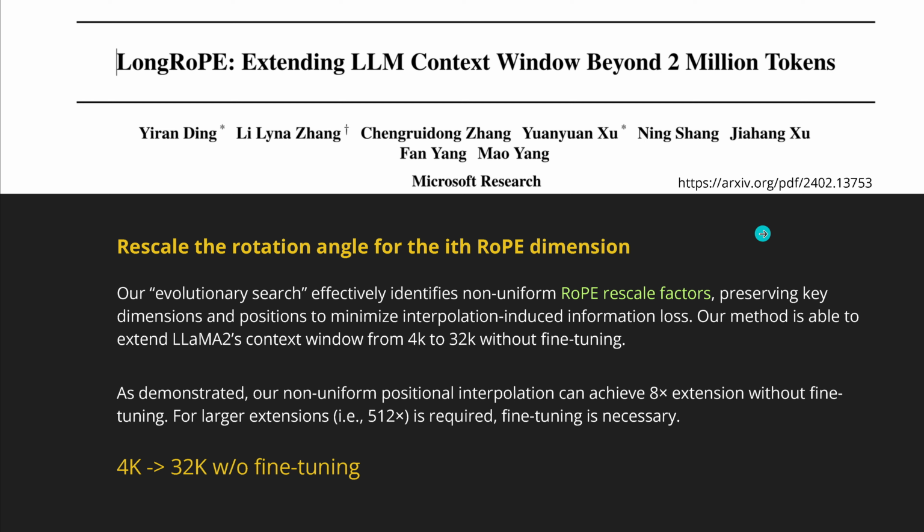Okay, and then they said, hey, our method is able, and this is Microsoft, to extend the Llama 2 context. They did not do this on Llama 3, okay? From 4K, which was the original pre-trained context window, we can do this now to 32K without fine-tuning.